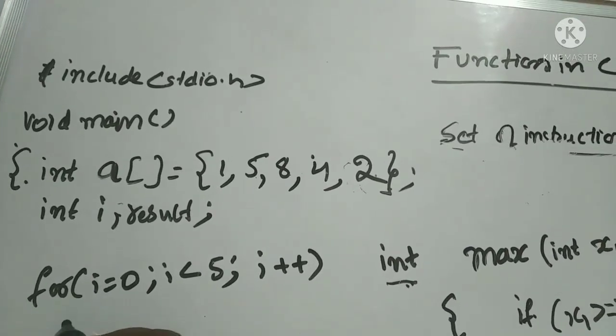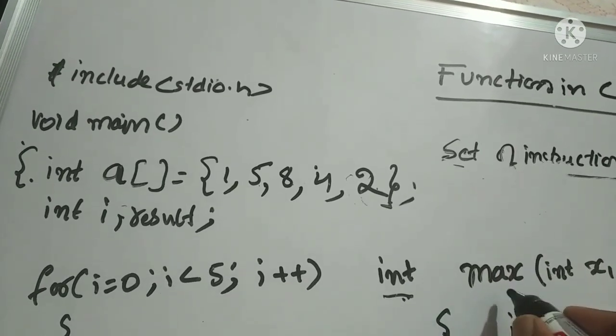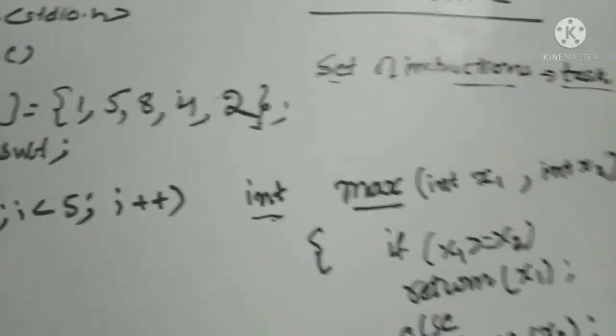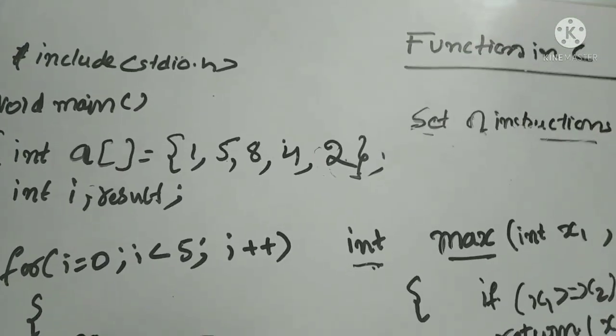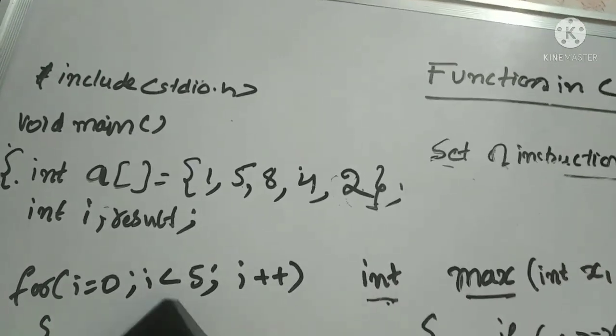Here in this program, I am giving the name of the function. What is the name of the function I have? The name of the function is max. So I am writing max of result comma a of i, and that value I am returning to my result.